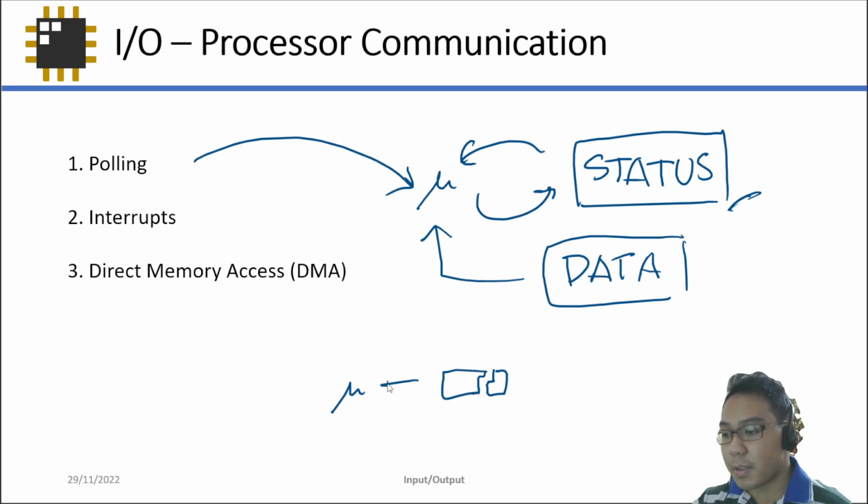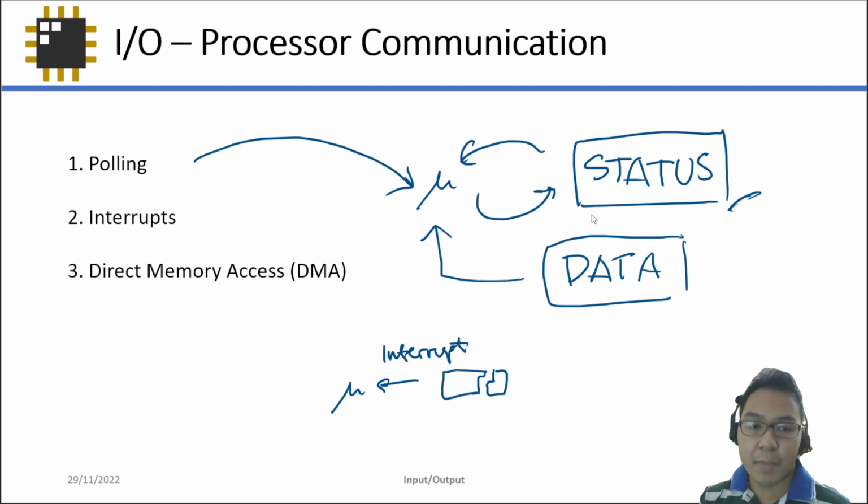Now for the interrupt style of communication, the peripheral, say this keyboard, for example, whenever a key is pressed, it sends an interrupt to the microcontroller, which interrupts the processor. That is, the processor is supposed to stop working on the current instruction that it is executing, and start servicing whatever the peripheral needs.